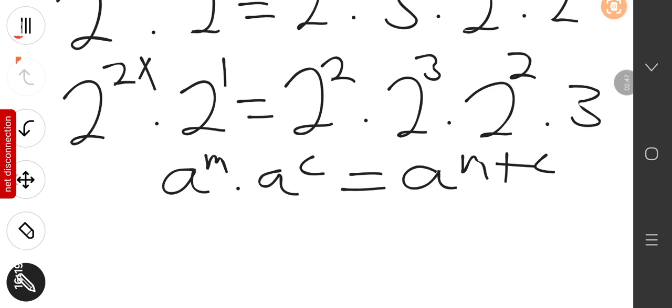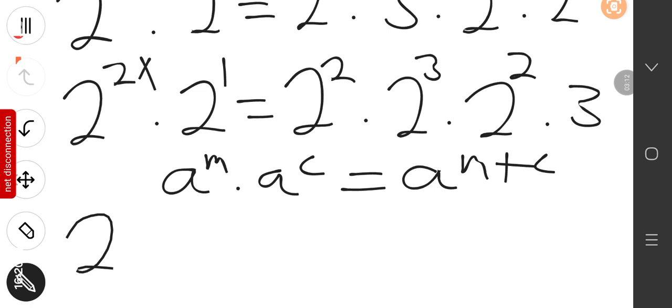That is, when the bases are the same and the sign in between the bases is multiplication, we add the exponents. And remember, this law does not care about the number of bases. As long as the sign in between the bases is multiplication, we add the exponents.